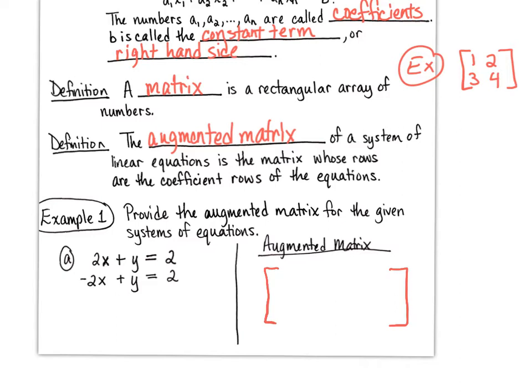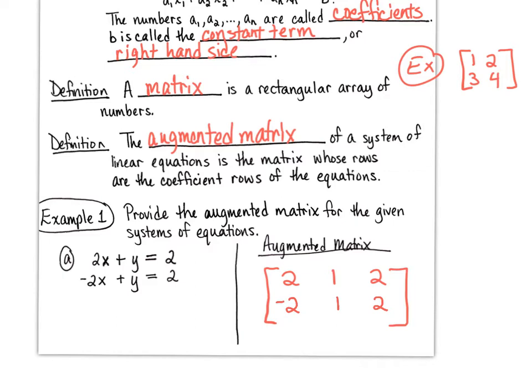What are they in the first equation? 2, 1, and 2. So your augmented matrix has all of the coefficients of your entire equation. That's the first row. What's the second row? Negative 2, 1, and 2. You got it.